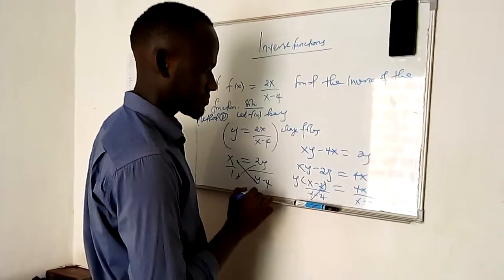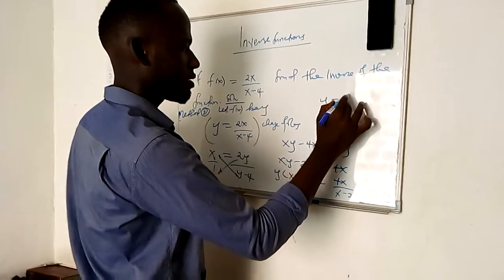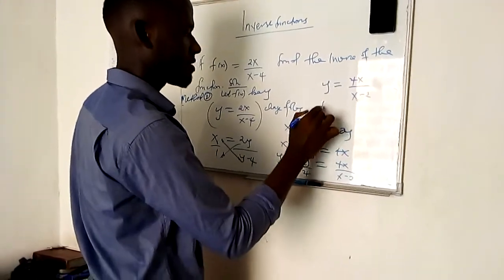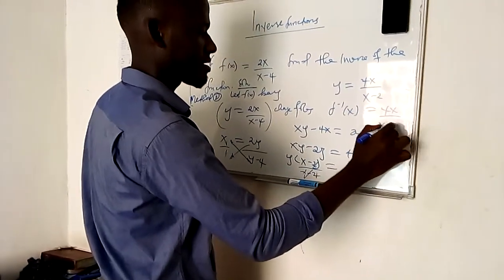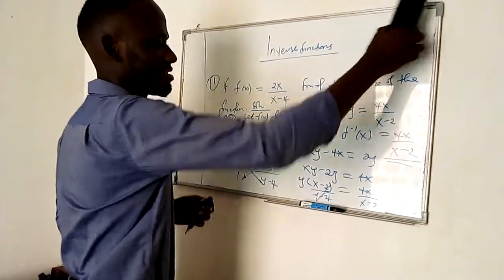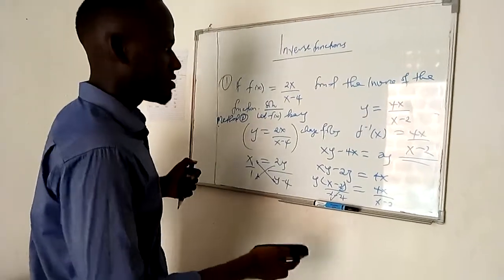This cancels. If you've been very vigilant, we had our y as 4x over x minus 2. Therefore, our inverse becomes 4x over x minus 2. That is the simplest, this is actually the shortest method, but if you want to use the other one, you can use it also.